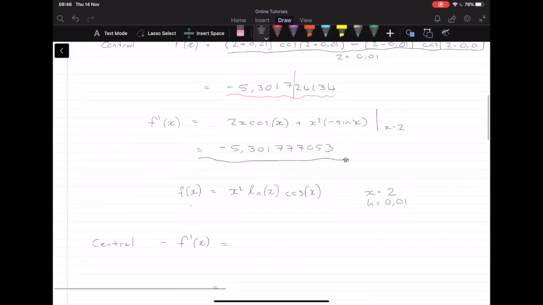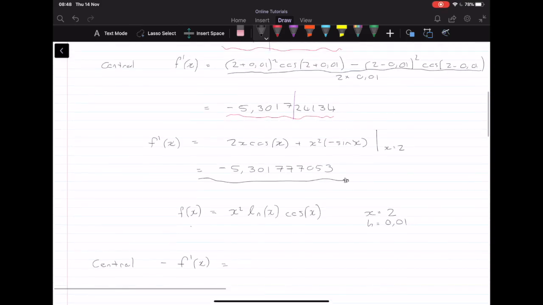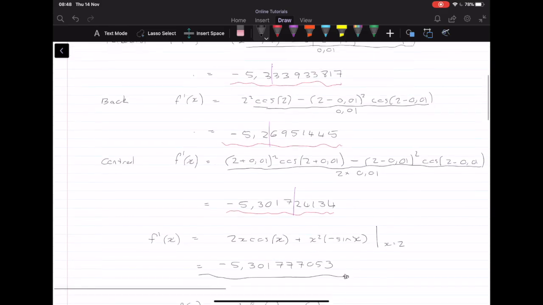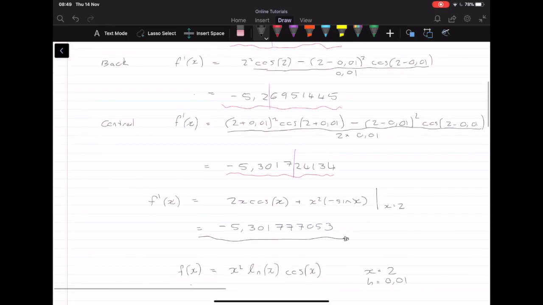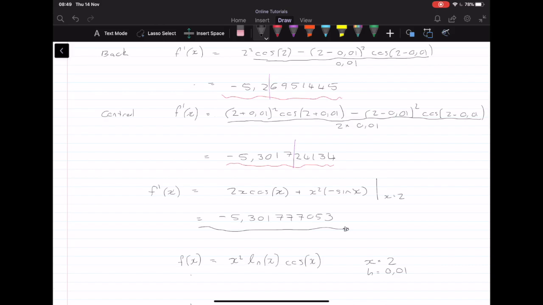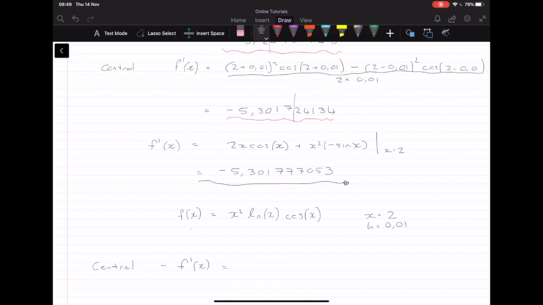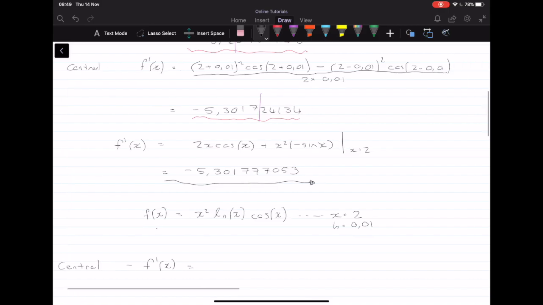The question is, why would we use this somewhat long method when we can find the derivative? Well, there are cases, such as this function here, where we can't quite easily find the derivative. It would be quite tedious to carry out this derivative, so it might be easier to just run a numerical method. Let's go with the central method at x equal to 2 and h equal to 0.01. This is quite a long one, so bear with me, guys.